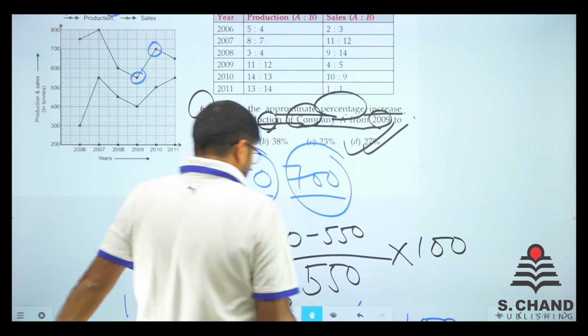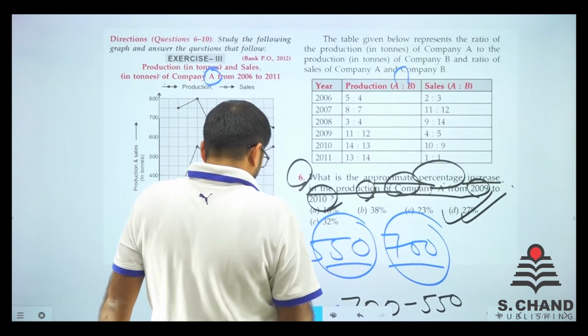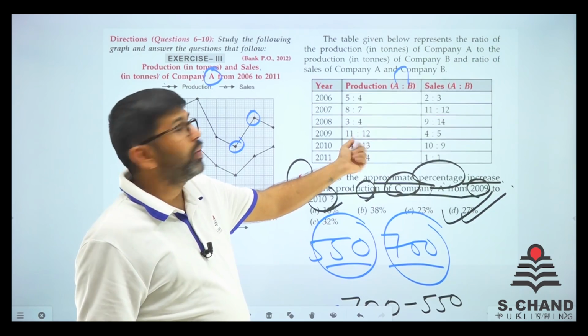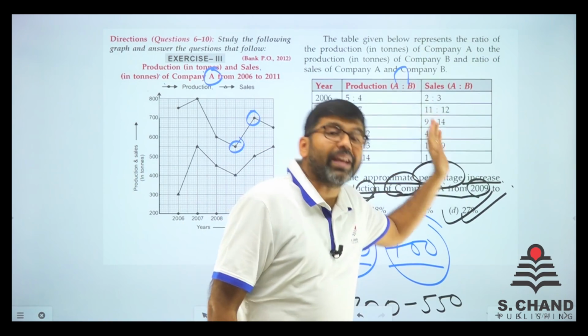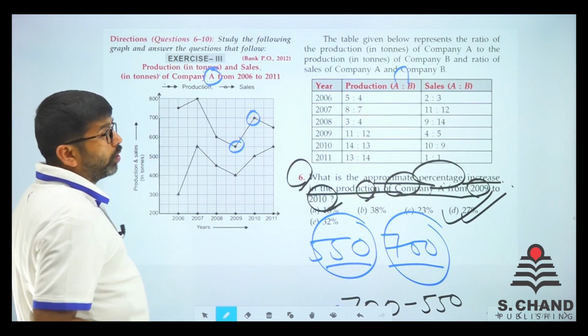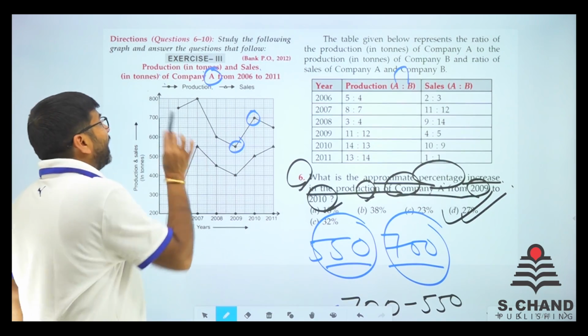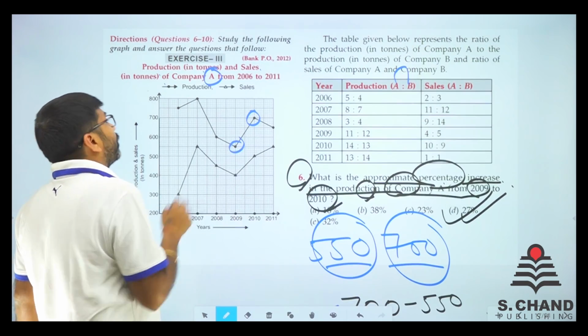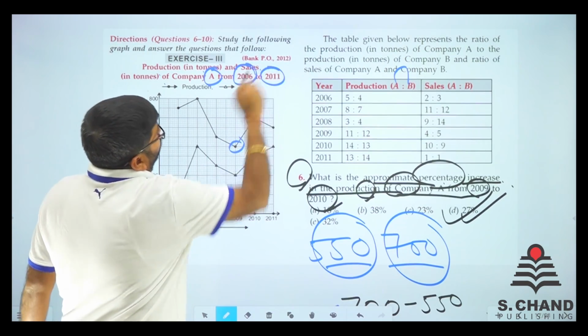So again I tell you one thing, this is the ratio of production of A and B. This is the ratio of sales of A and B. And this is actually not the total, it is company A's production and company A's sales, and that is the report from 2006 to 2011.